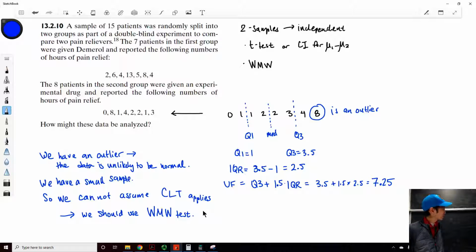Okay, so one section is identifying which test to use, right? And you may or may not have to do something like this to decide which test to use. In this case, the answer you should pick would be the Wilcoxon-Mann-Whitney test. In a separate part of the exam, I will tell you, here's some data, use the Wilcoxon-Mann-Whitney test, or here's some data and use the t-test for 2 independent samples.